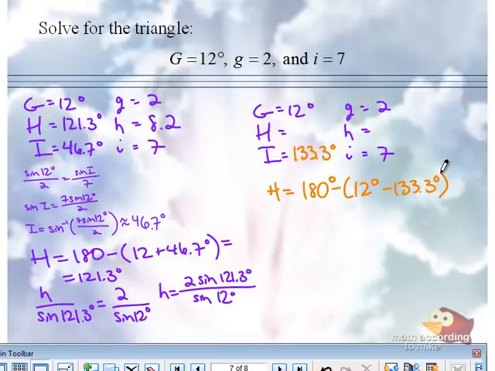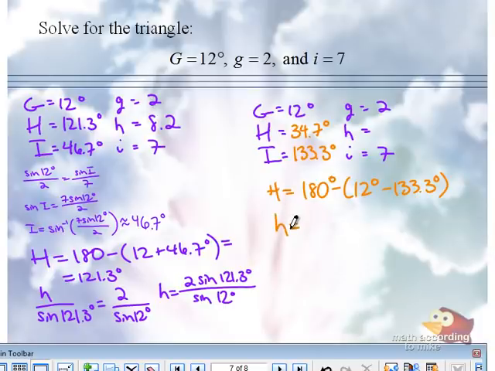34.7? Good. And then what's the setup for side h? Yep.